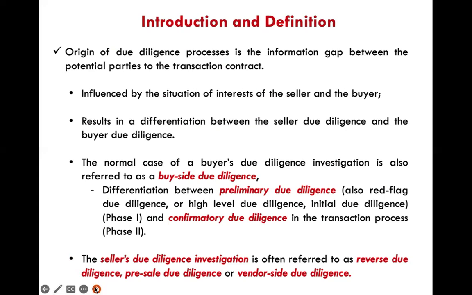Now, this differentiation in interest also leads to different types of due diligence. And so a seller, for instance, may be interested in knowing more about the purchaser of his or her property, and hence may undertake some form of due diligence.